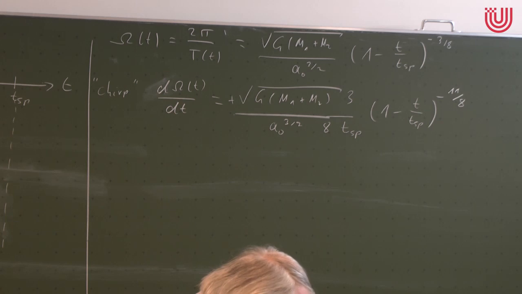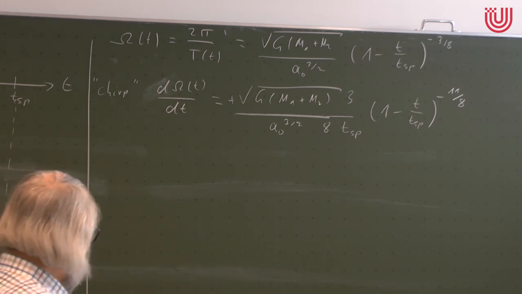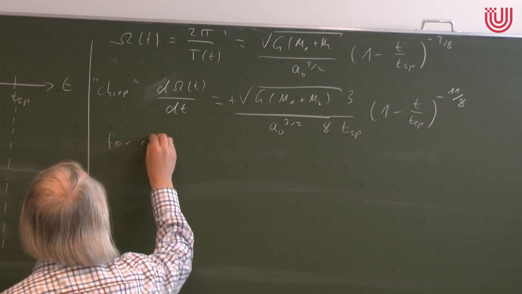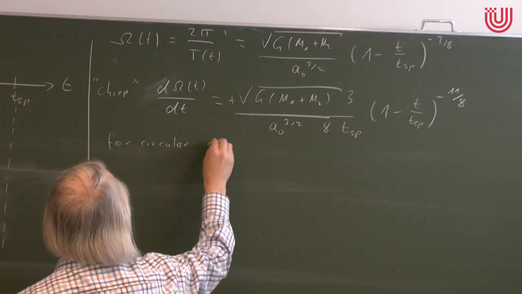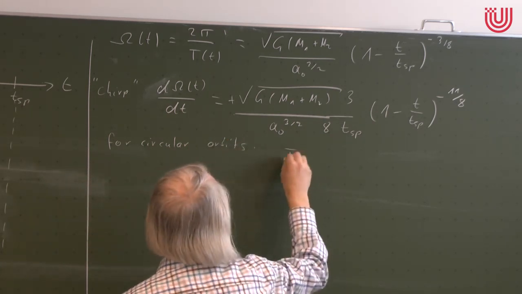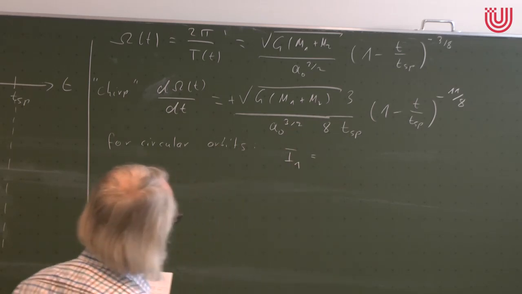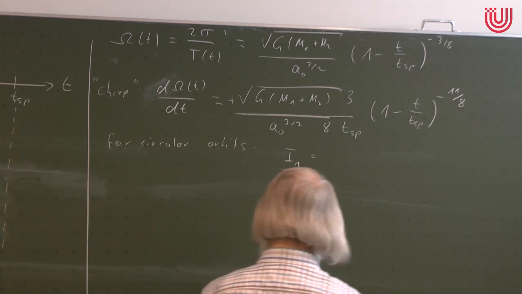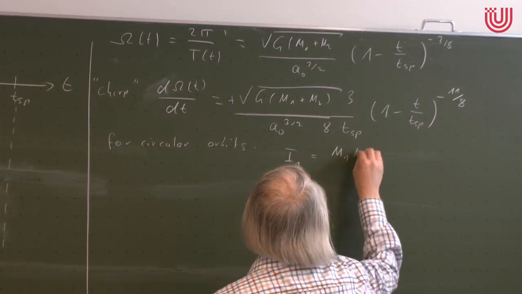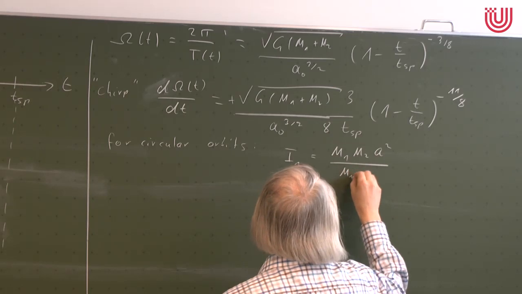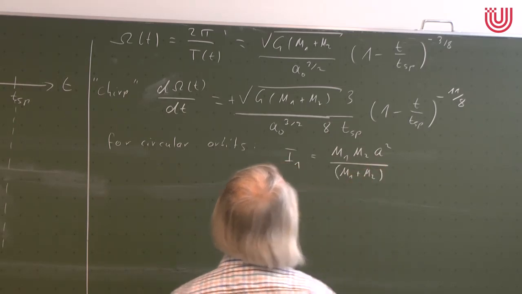So we had the quadrupole tensor. So for circular orbits, the quantity which we had denoted I1, which for non-circular orbits depended in a fairly complicated way on time, is actually time independent. For circular orbits, it is just m1 m2 a squared over (m1 plus m2).